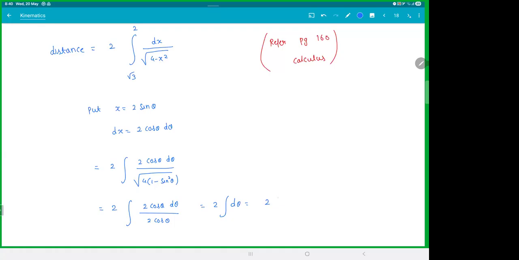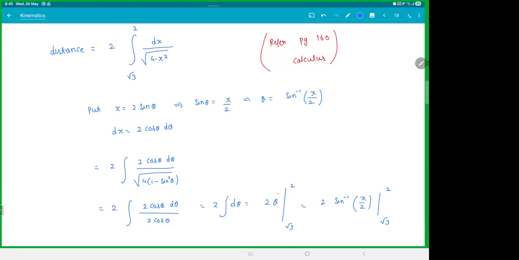That's theta. Limits are root 3 to 2. But what is theta? x is 2 sine theta, so theta is sine inverse x by 2. So we have sine inverse x by 2, limits root 3 to 2.